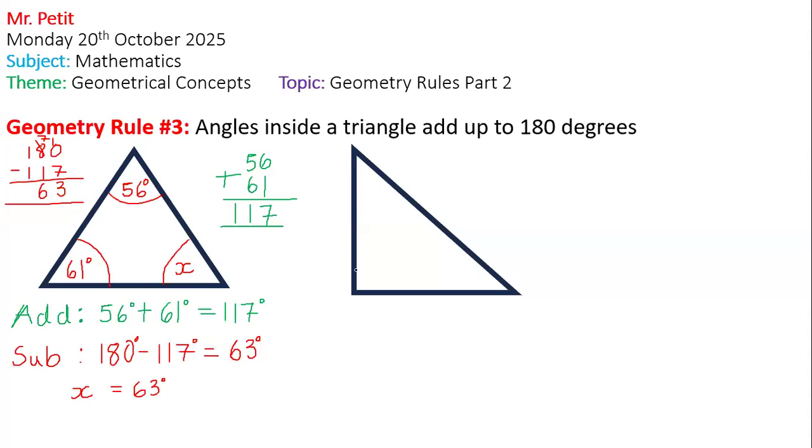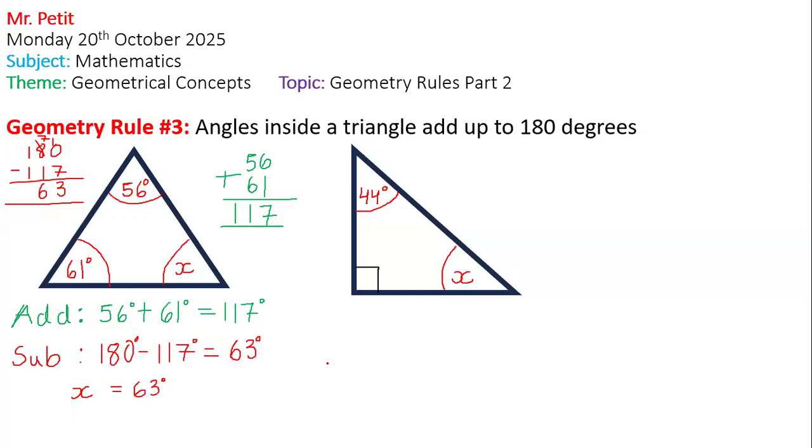I have this thing here, and let's say that we know that this angle here is 44 degrees. Let's say we want to find what x is, right?